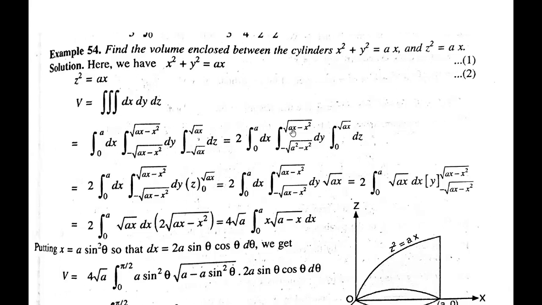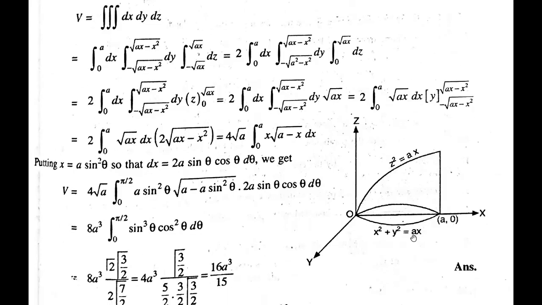So the y limit is plus minus square root of ax minus x square, right? And the z limit will be 0 to, z square is equal to ax, so z is equal to square root of ax. So your 0 to root ax and minus square root of ax minus x square to this one, and the limit of x will be 0 to a here.